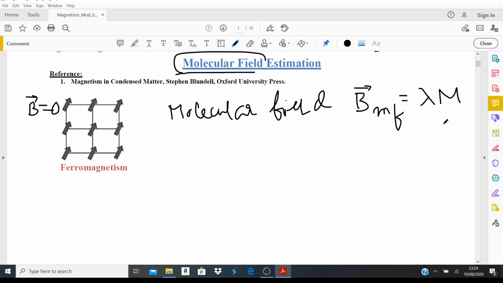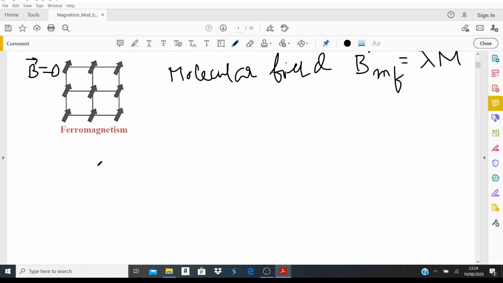If you recall, in one of the lectures before, I discussed the paramagnetic model using fully quantum mechanical considerations, right? And when we used this quantum mechanical paramagnetic discussion, we found that the magnetization of the paramagnetic material was some saturation magnetization, denoted by Ms, times the Brillouin function, right?